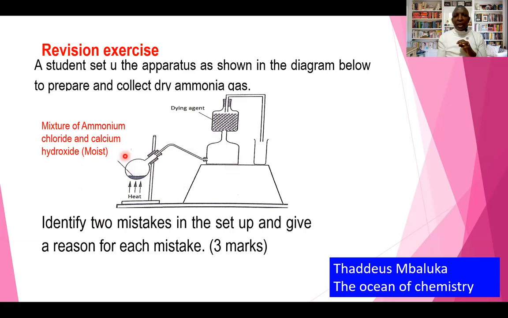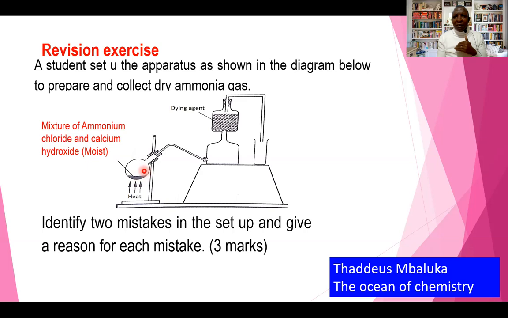Number two, look at the orientation of the flask. It is slanting upwards. So the mistake is the flask is slanting upwards. The water formed will flow back, causing the round bottom flask to break. Most students will make the mistake of saying the flask is not slanting.